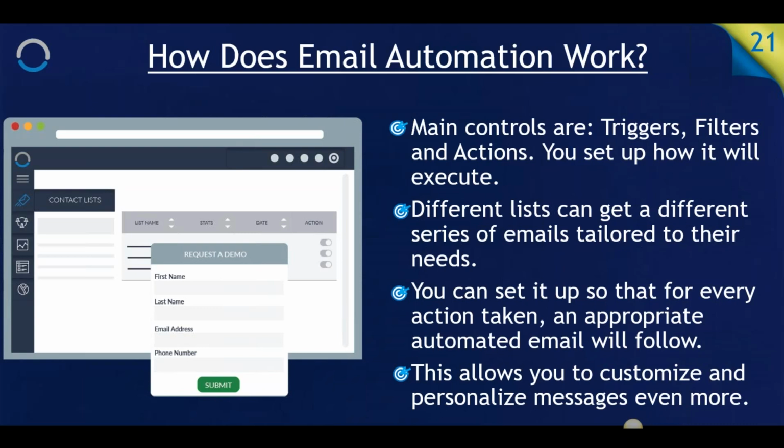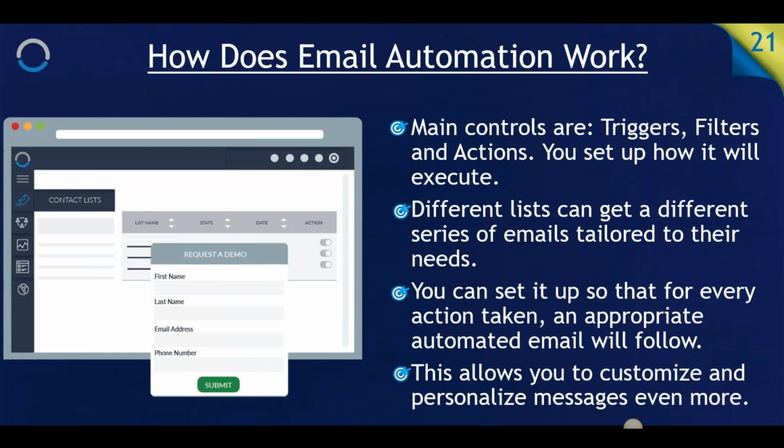So a trigger could be a website visit, could be another email being opened, it could be somebody who watched a video on your website. So you think of these as the trigger, just like you have on a gun, where it starts the whole automation process.